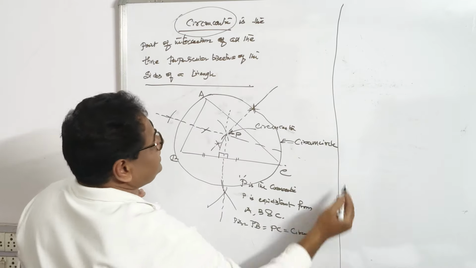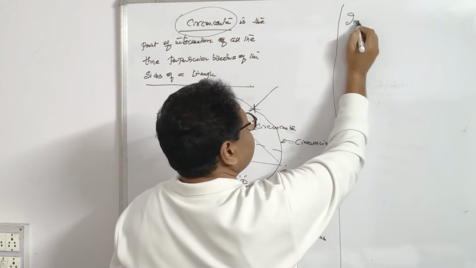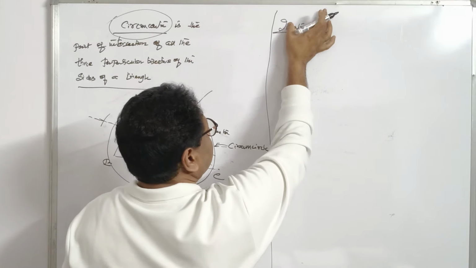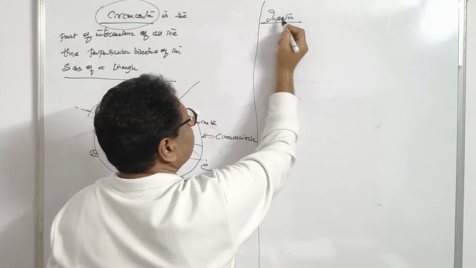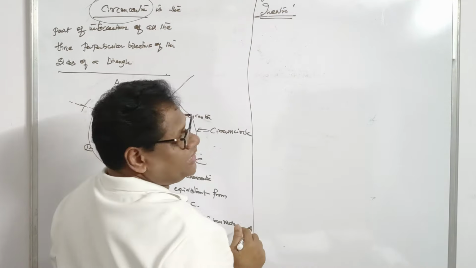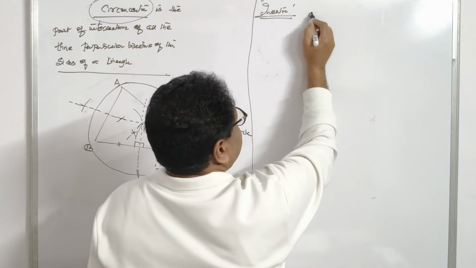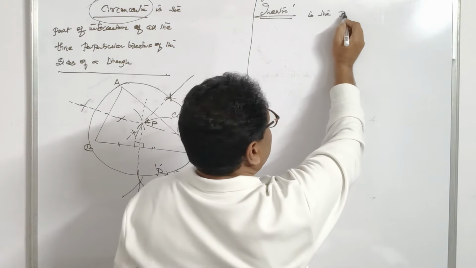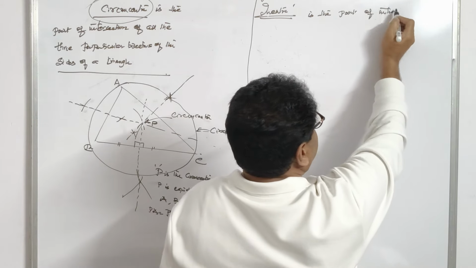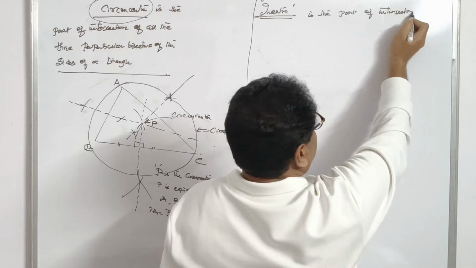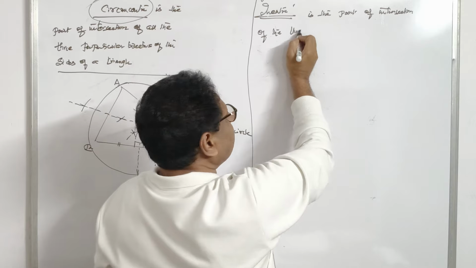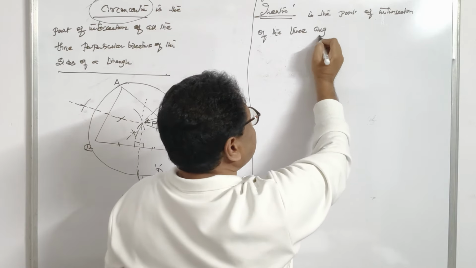Now let's come to incenter. Incenter is the point of intersection of the three angular bisectors of a triangle.